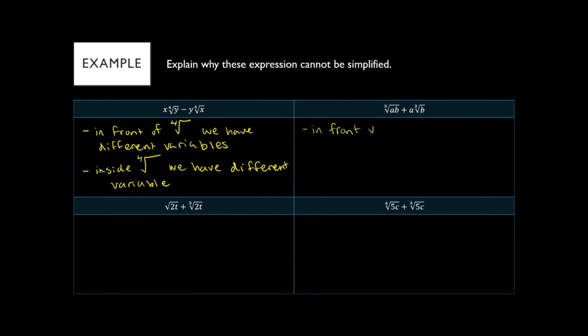So in front of the cubed root, they don't both have A. So in order for them to be like terms, they either both would have to not have that variable or they both would have to have that variable. They'd have to match. But we also have inside the cubed root, they don't match. Because one is AB and the other one is just B.